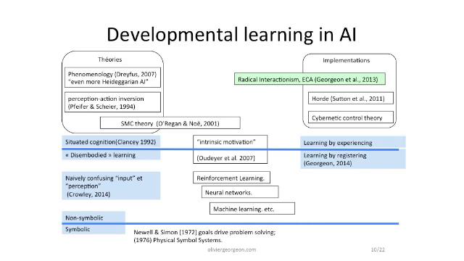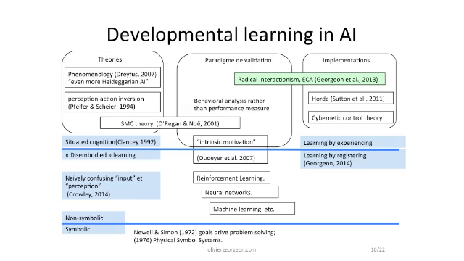So here, we situate ourselves at this level with the radical interactionism that I introduced. And here I represent the validation paradigm. As I said, we are not going to implement agents that seek to reach a predefined goal, but we will assess our algorithms through behavioral analysis.